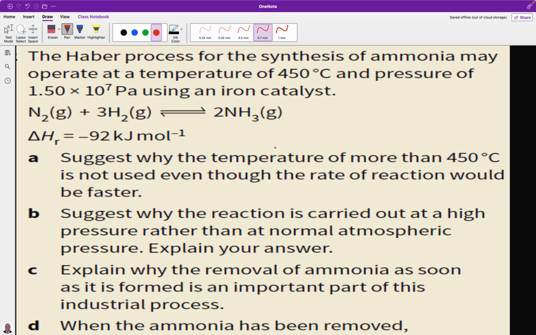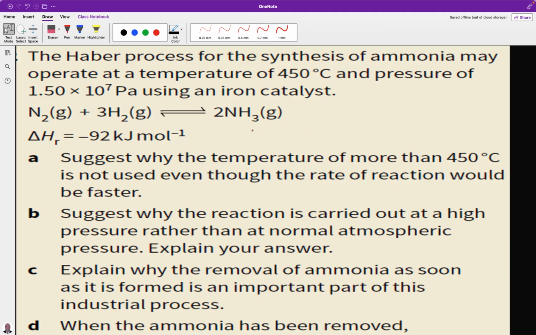So, if we increase the temperature above 450 degrees Celsius, what happens? It is instead going to decrease the formation of more ammonia.